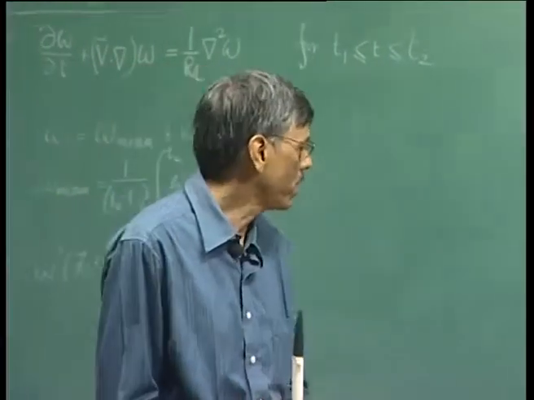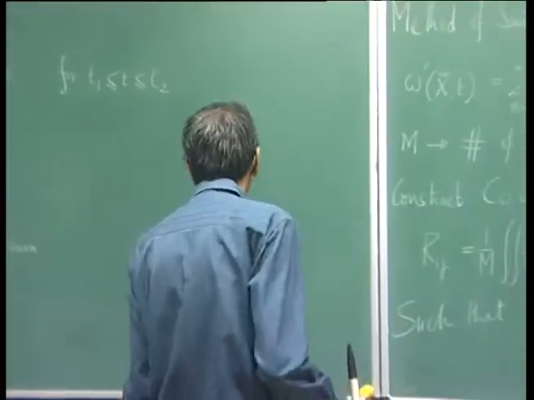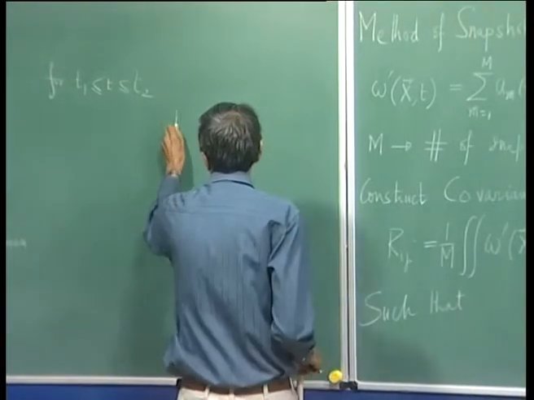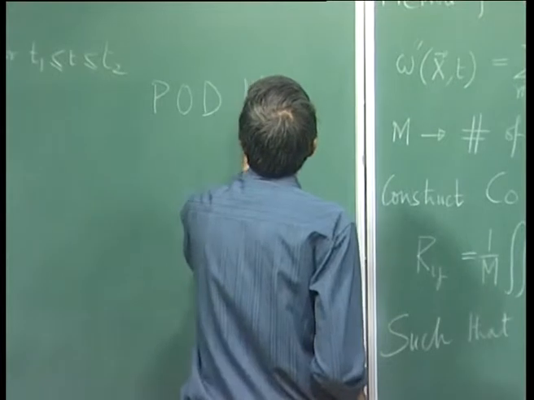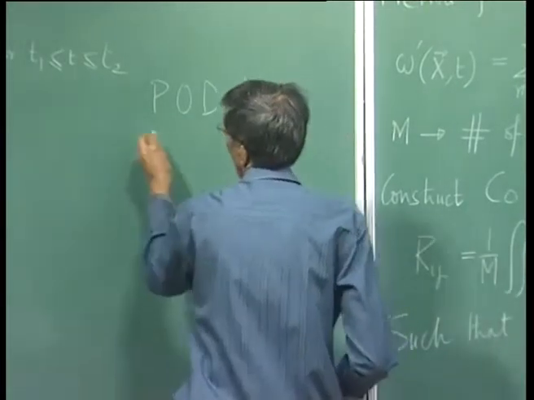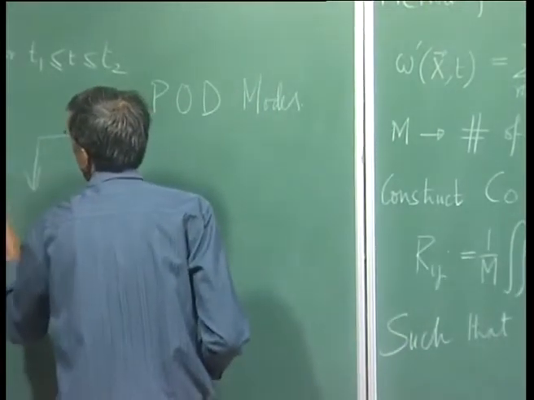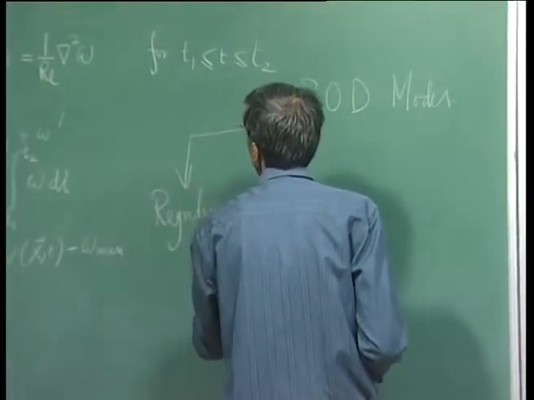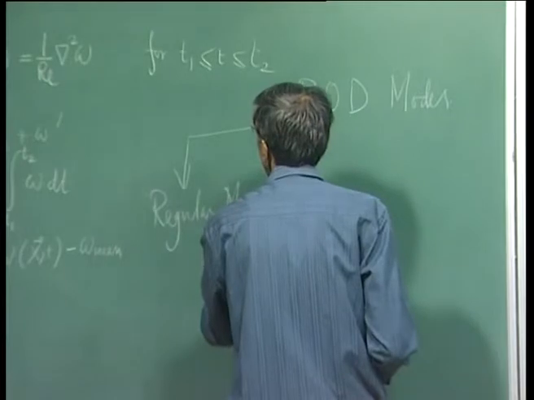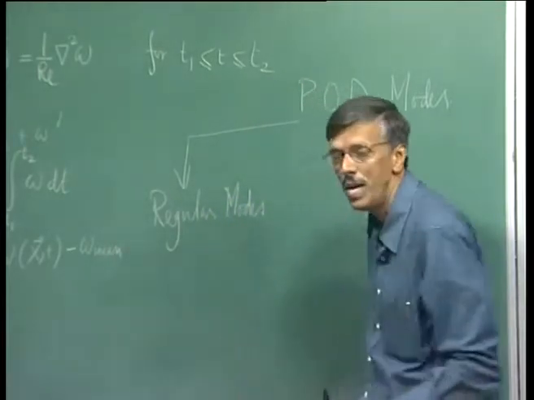We have classified the POD modes into the following groups. One is, of course, what we will call the regular modes. Well, regular in the sense of what everybody originally thought would be.